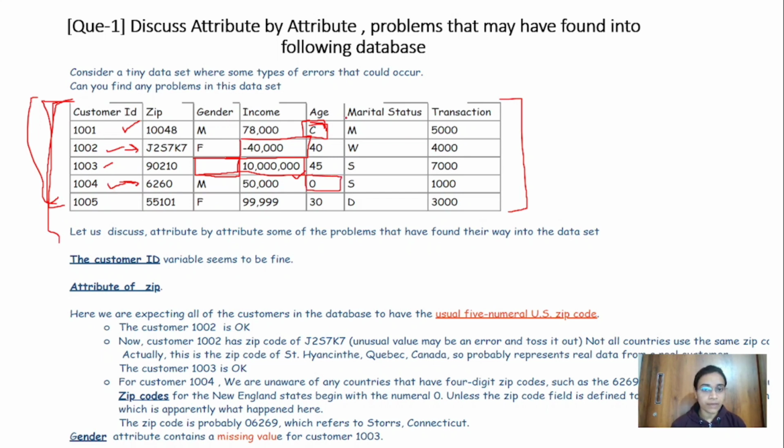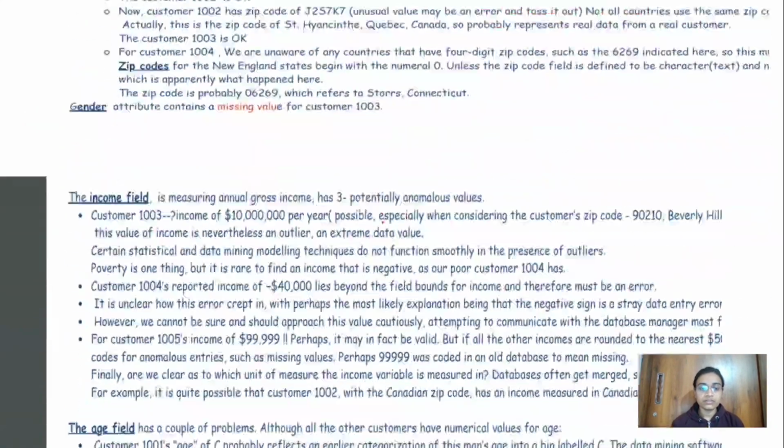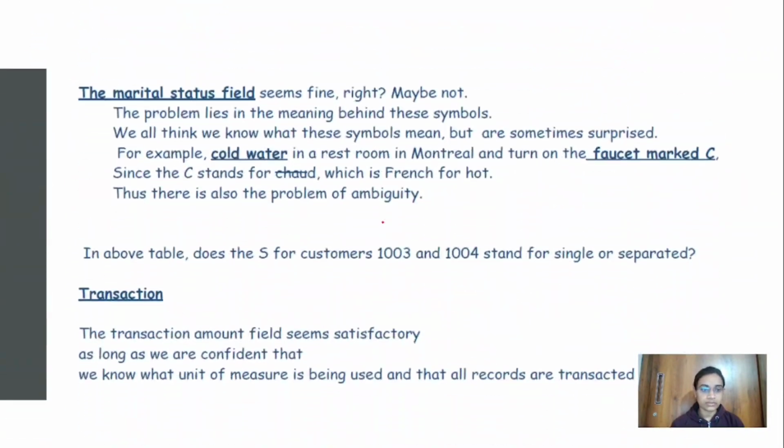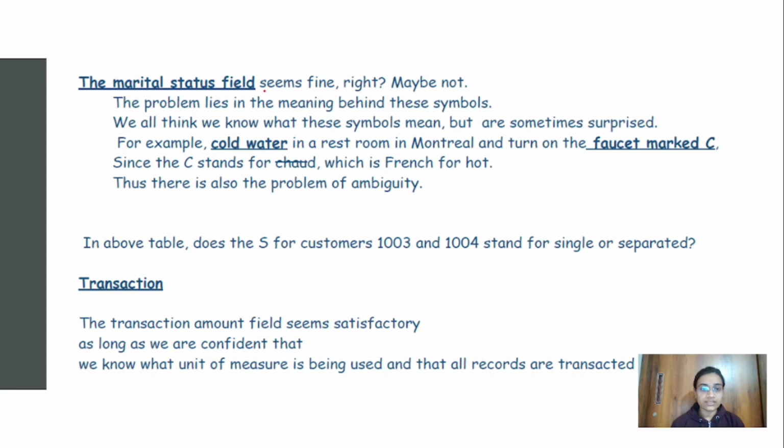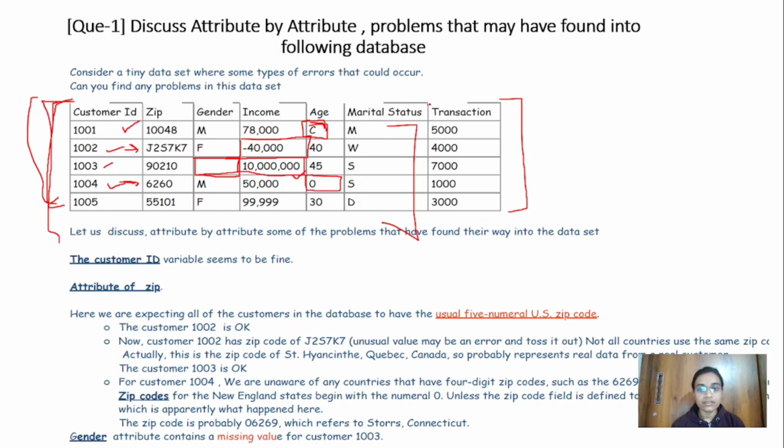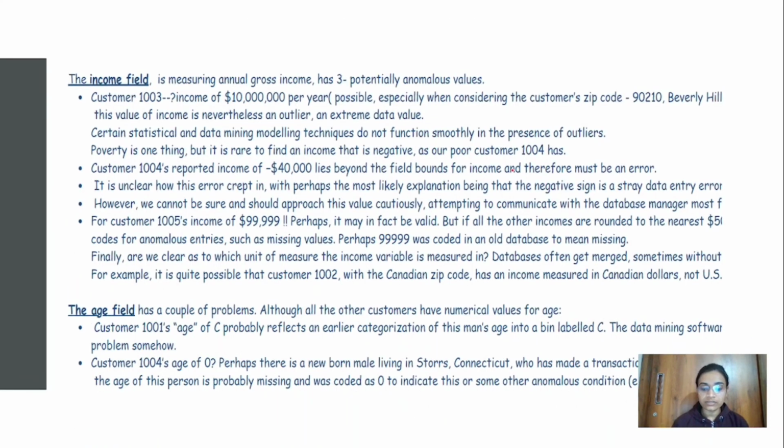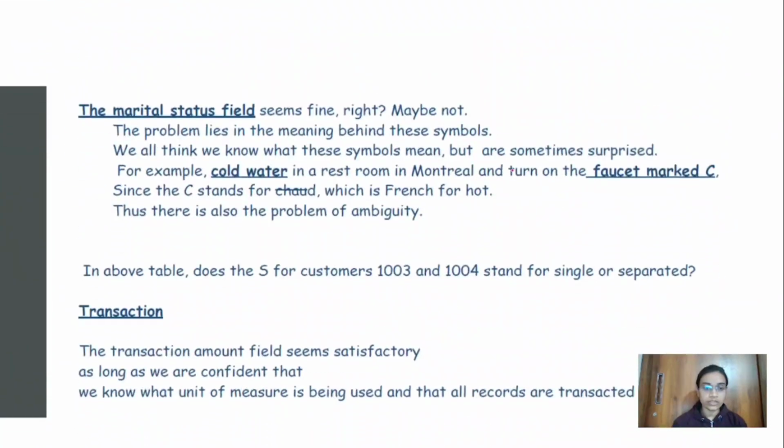In the marital status attribute, there is no such error, but there are problems associated with the meaning of these symbols. This attribute seems to be fine, but the problem lies in the meaning behind the symbols. And in the last attribute, transaction, there is no such error, it is fine. These were a few errors in the data set which we need to handle.